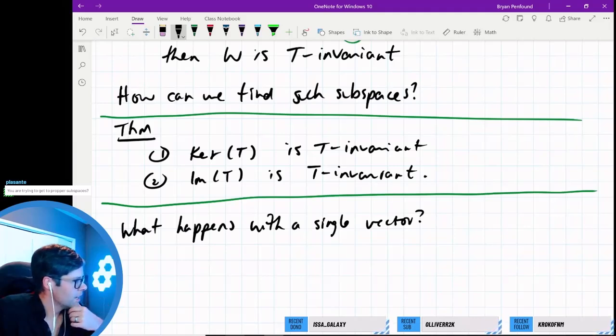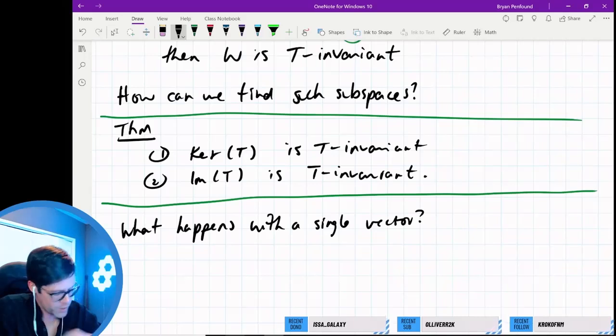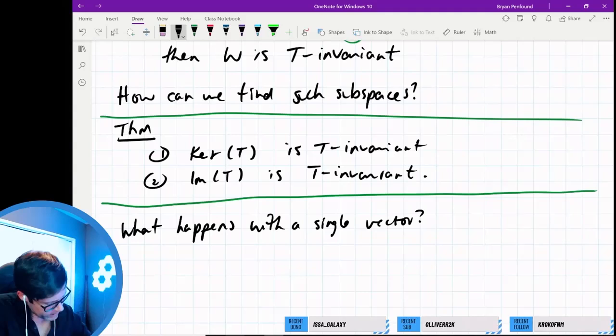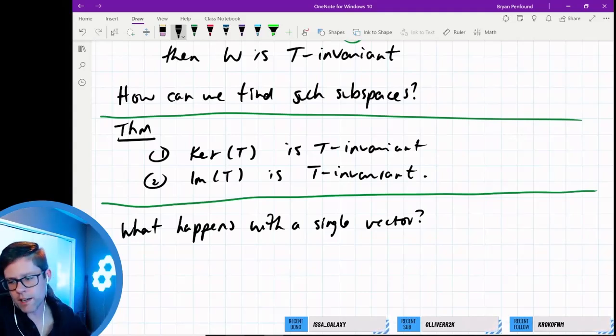It feels like we're looking for a kind of cyclic set of vectors. Yeah, I guess in some sense, right? If we know that it's T-invariant, it should always be contained in W. So at worst, it's only getting smaller as we iterate through T. But at best, it could just be staying stable as well.